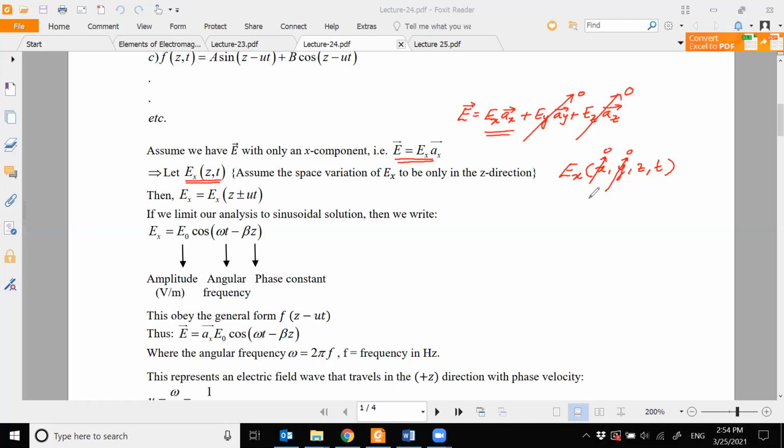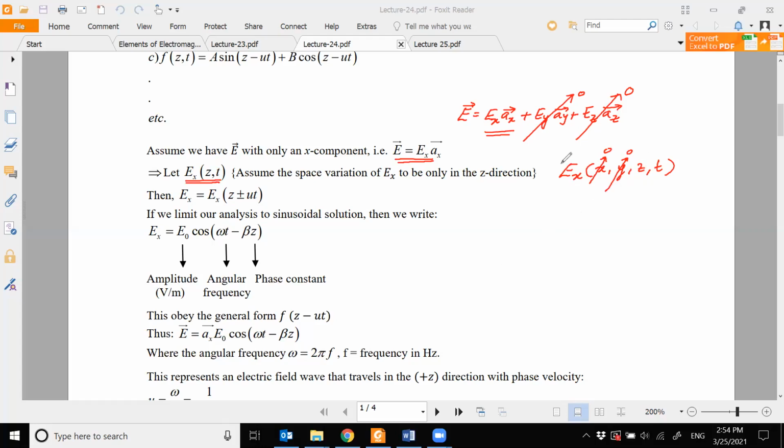To some extent, when you look at simple practical cases, you will see that x and y will be fixed values, and will not contribute much towards the solution of the wave equation.